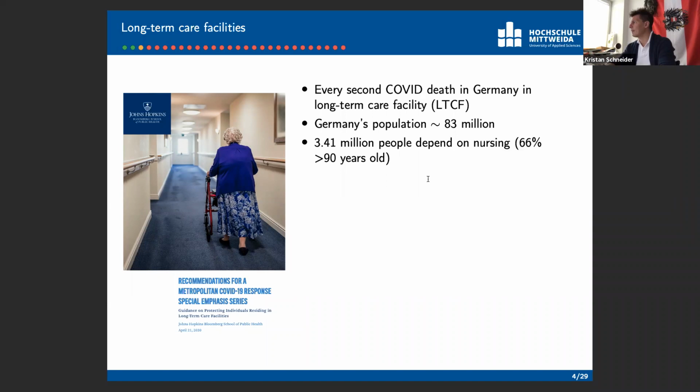And I have the German numbers here. Germany has a population of about 83 million, and 3.4 million depend on nursing, 66% of them over 90 years of age. So Germany has an old population.